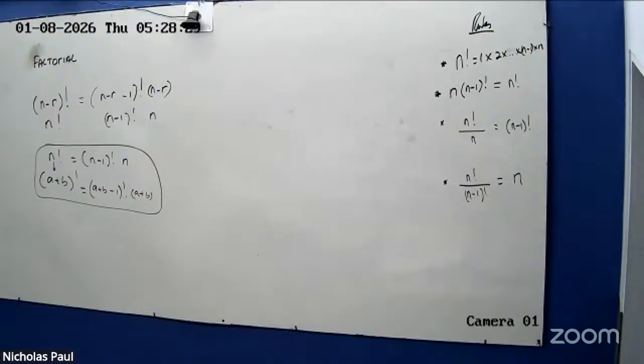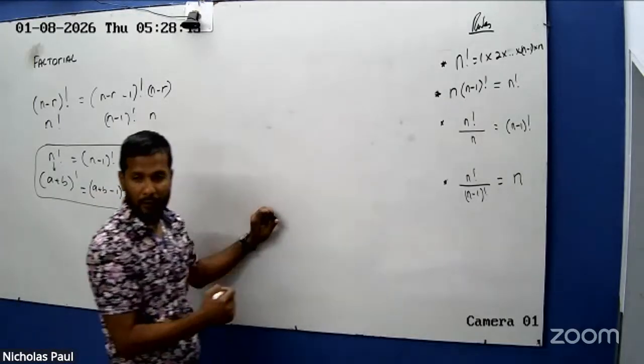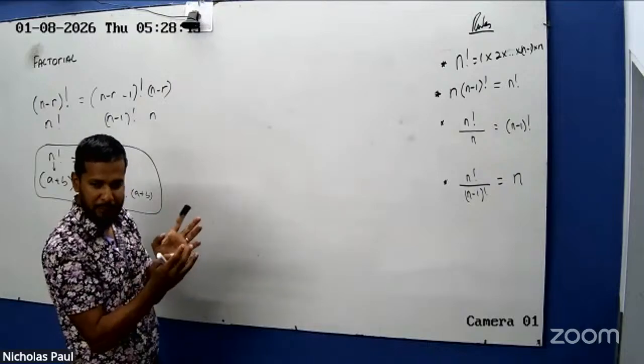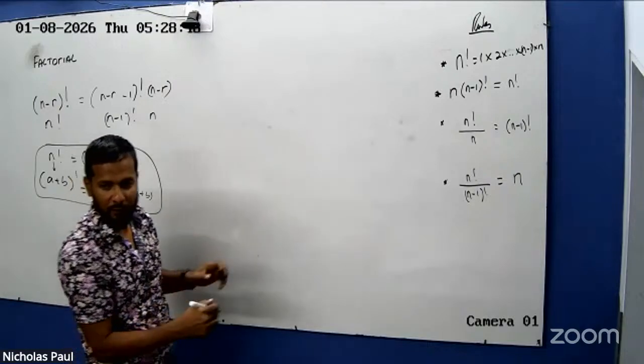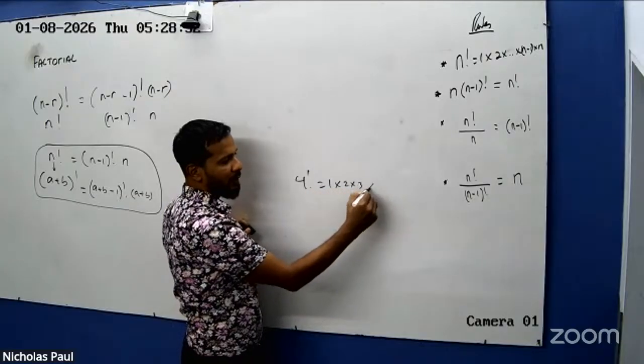Like n factorial is like 4 factorial. 4 factorial is the same as 3 factorial by 4. If you have 4 factorial, that's 1 by 2 by 3 by 4.